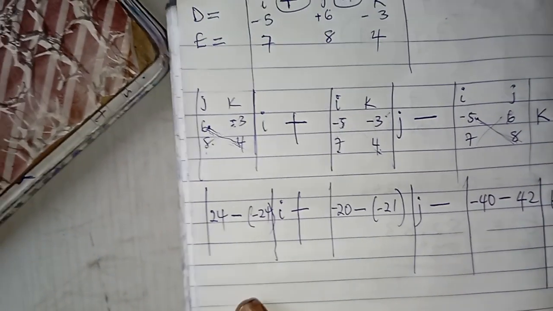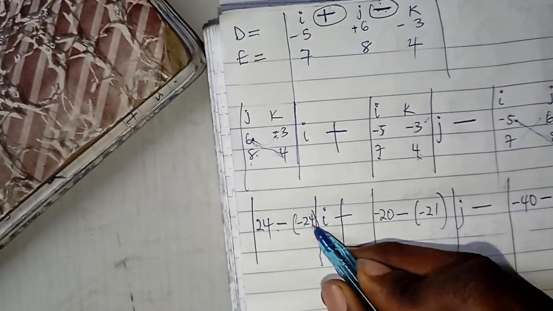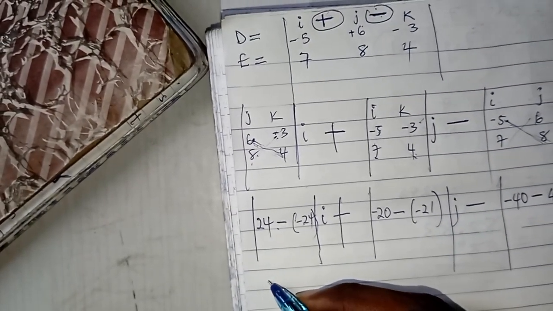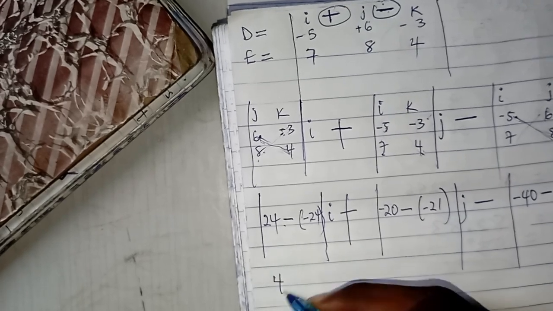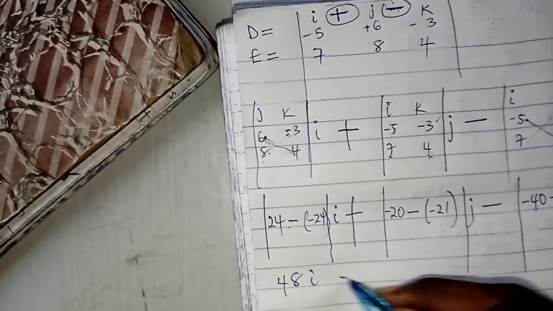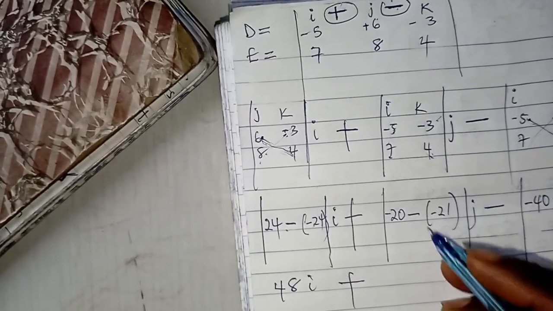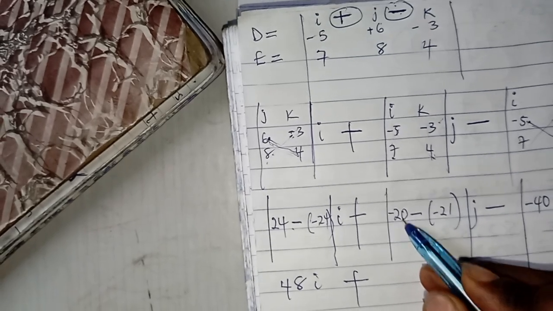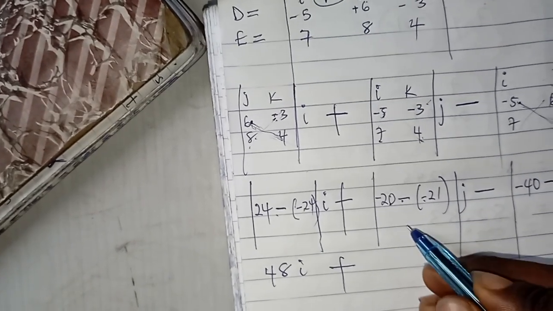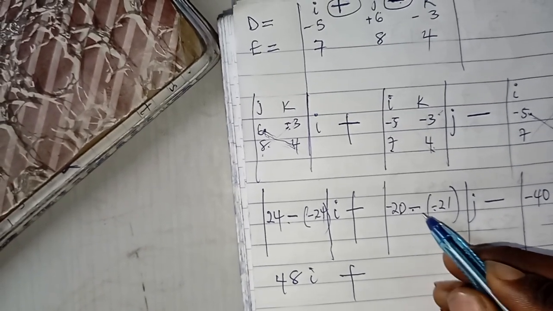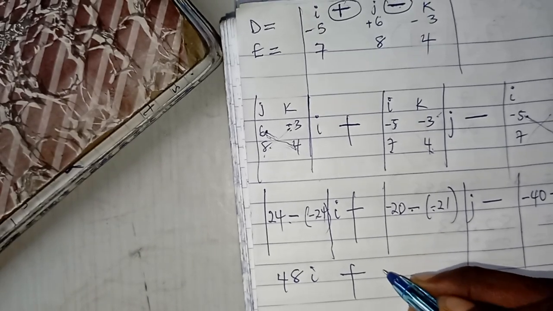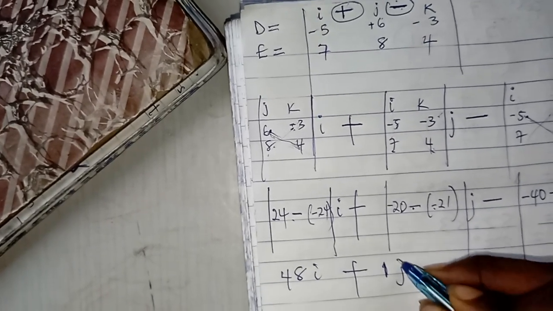So notice that what we now have is 24 minus minus 24, which gives me 48i. Plus, this is minus 20 minus minus, plus, so it is 21 minus 20, so 1j.